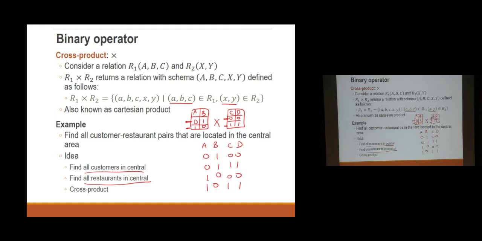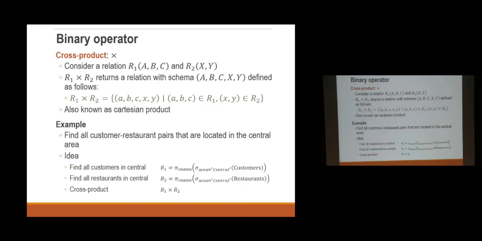Okay, but if we follow this idea, we can then separate each of these statements into different operations. To find all customers in the central, we can say that there is a relation R1 that we can obtain from this.